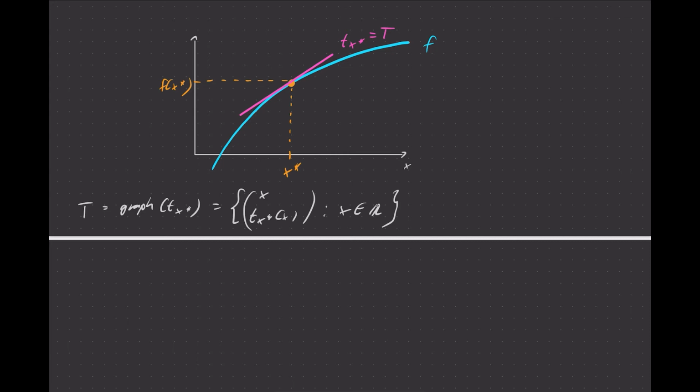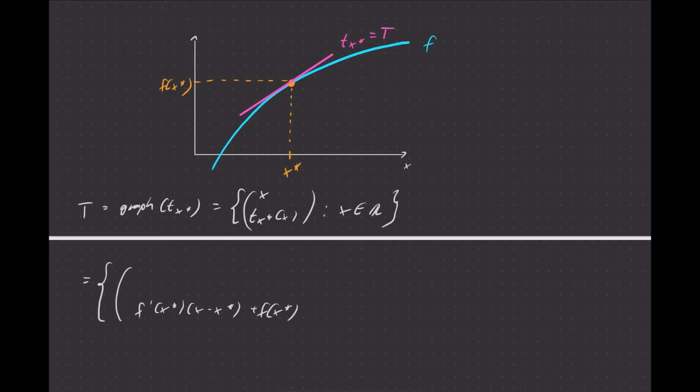And now we just need to modify that a little to get a nice description of an affine subspace. In particular, we can use the functional description of Tx star that we have just found. And remember that functional description was f prime at x star times x minus x star plus f of x star.